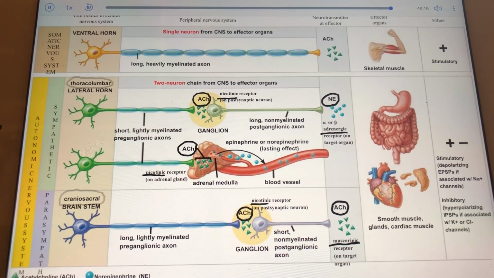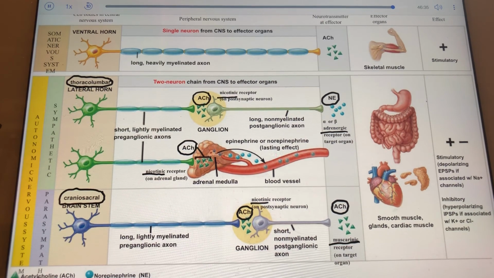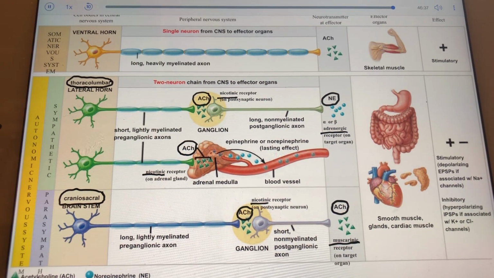So hopefully that's making sense, what I meant originally by, hey, let's put everything in one place. Also, I've specified now which regions of the spine are involved in both parasympathetic and sympathetic pathways.